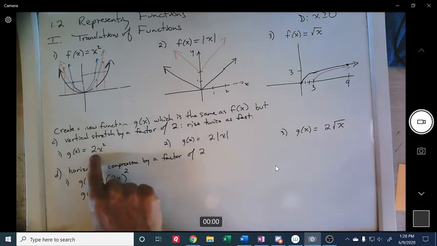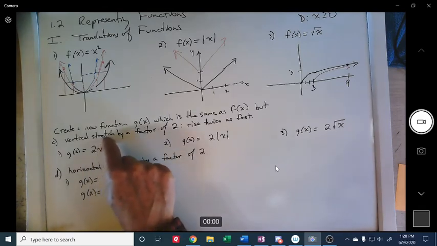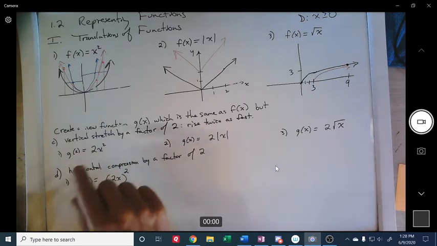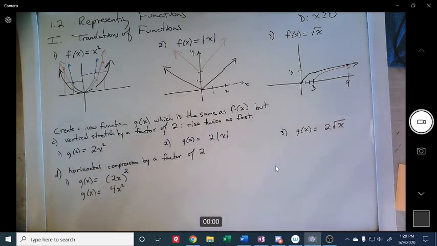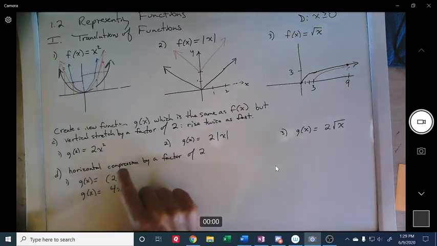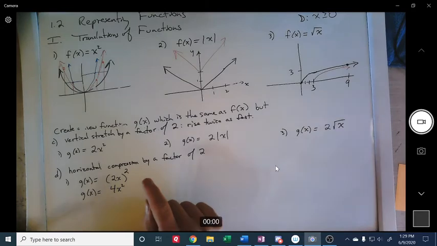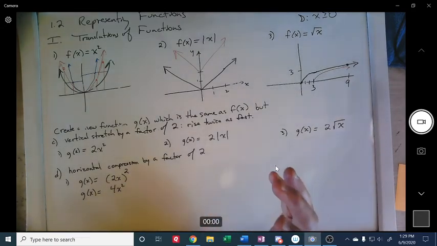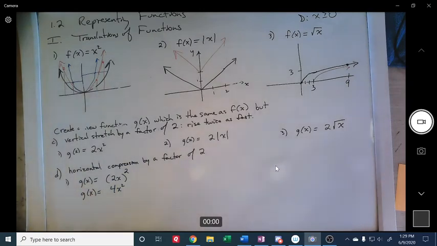If I use a number smaller than 1 in the vertical sense, like if I used 1/2 x squared, that would not be vertical stretching, that's vertical compression. It's pushing it down towards the x-axis. Horizontal, everything is backwards. Numbers bigger than 1 cause us to move in instead of moving outward.